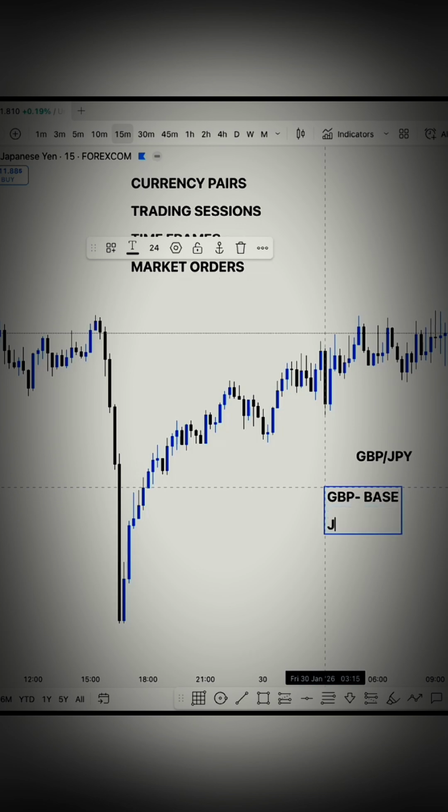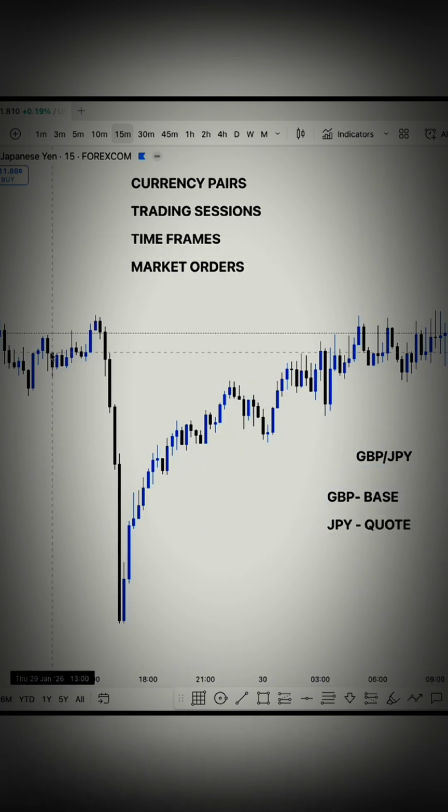Then JPY is called the quote currency. No matter the currency pair you are looking at, the base currency is always the first currency, the one that is tilting to the upside. The second currency paired, the currency after the first, is the quote currency. It is the one that is tilting to the downside.